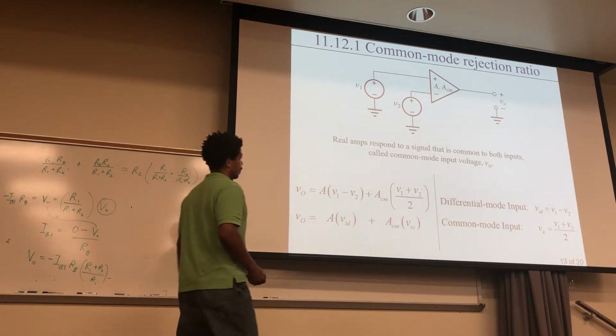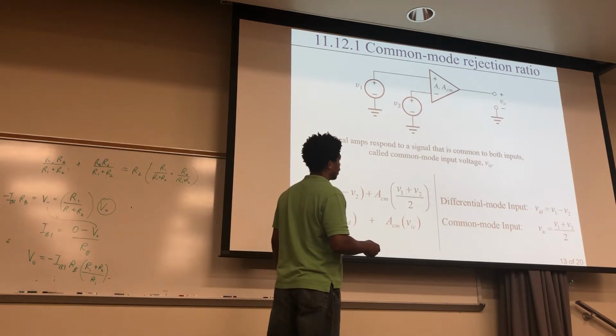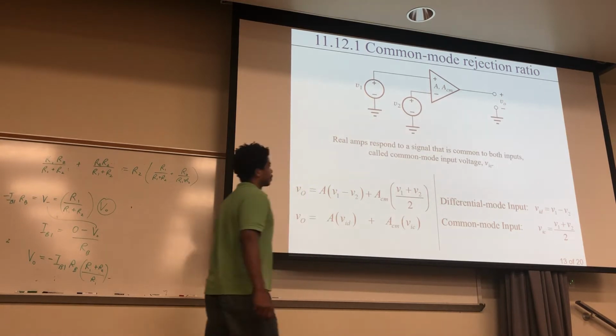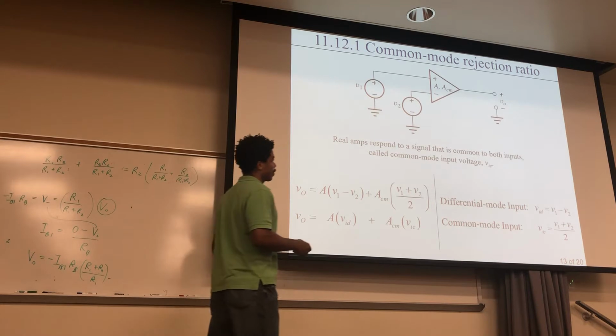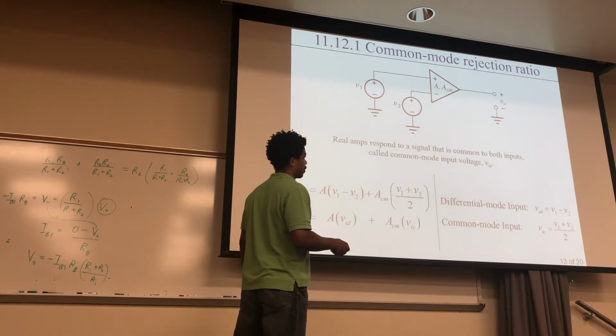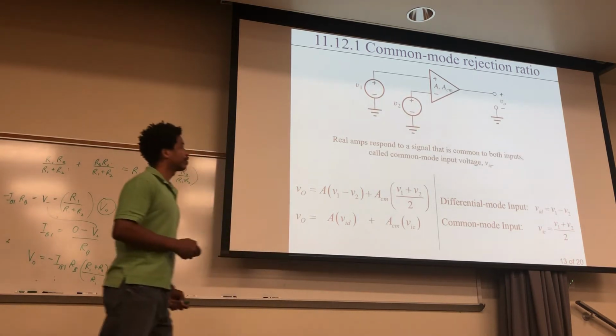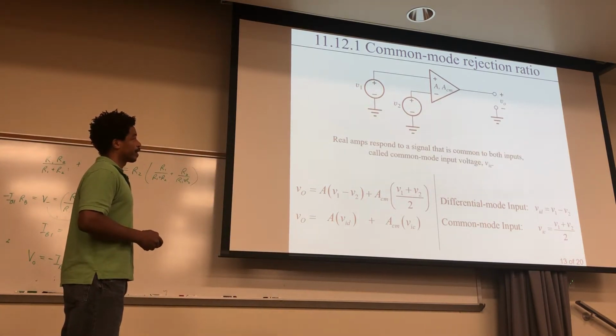Okay, so again, this is the differential mode input. This is the one that we have been using all this time. And here's a common mode input, is the average between the two. So the difference between the two and the average of the two. Okay. And this could be quite significant sometimes.